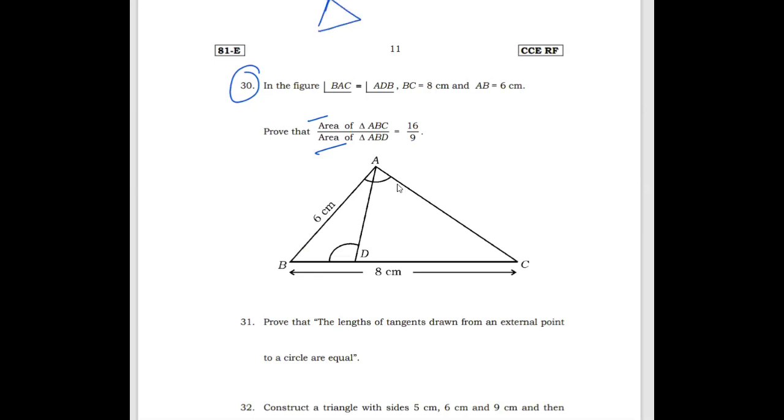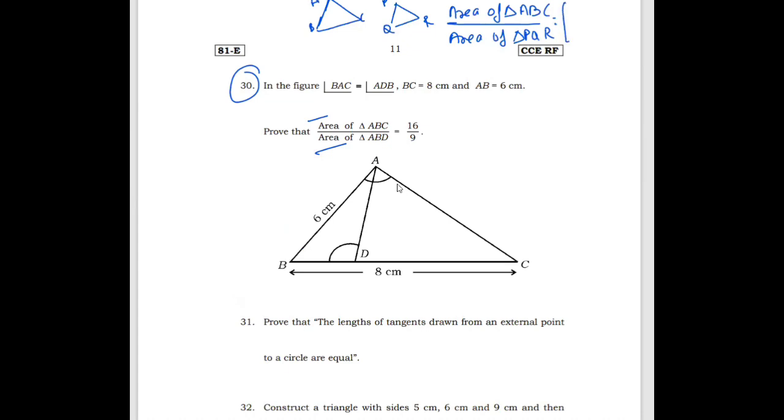Given two triangles ABC and PQR, if they are similar, then area of triangle ABC by area of triangle PQR will always be the ratio of the squares of the sides.